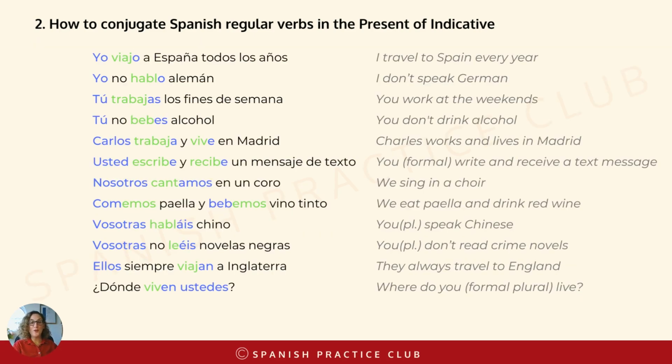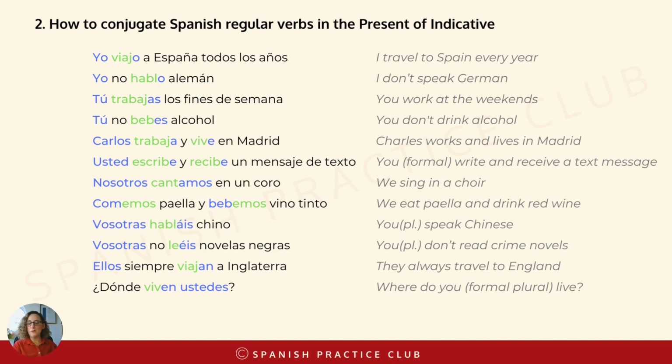Now that we know how to conjugate verbs in the present of indicative in Spanish, let's have a look and see how all that information comes together in context with some very good examples. Remember that the basic structure of any sentence in Spanish is the same as the English language. So you've got subject plus verb plus complement.